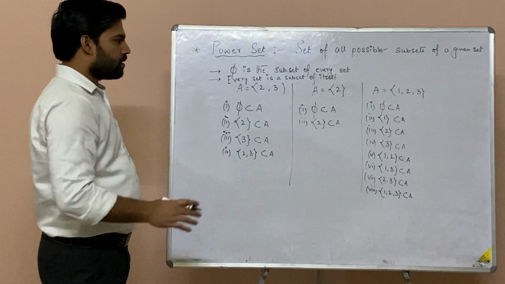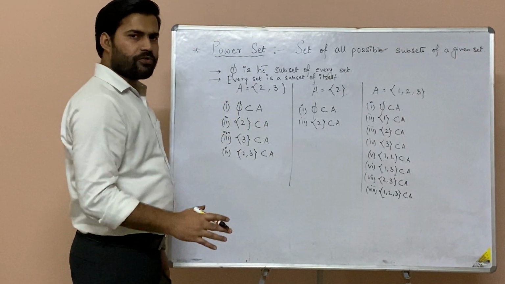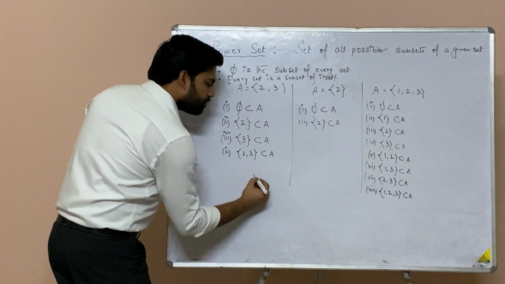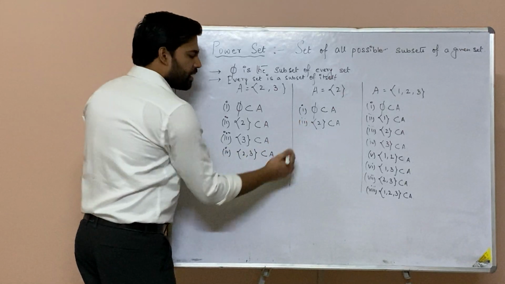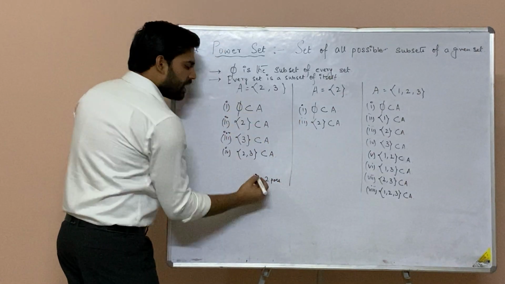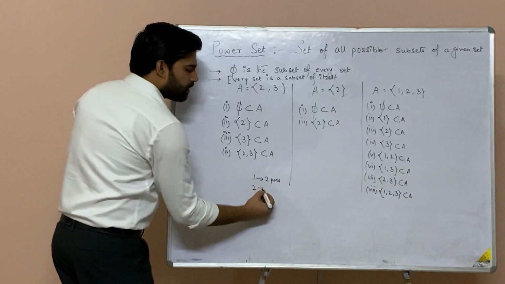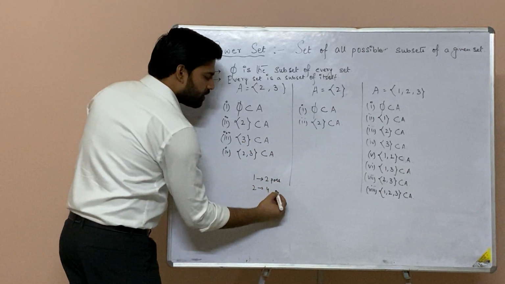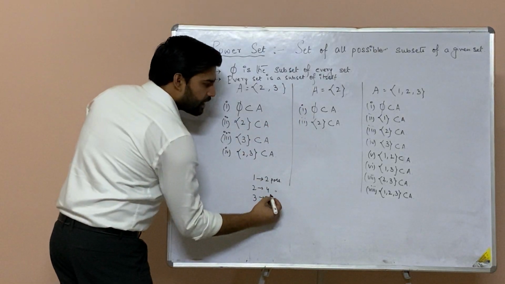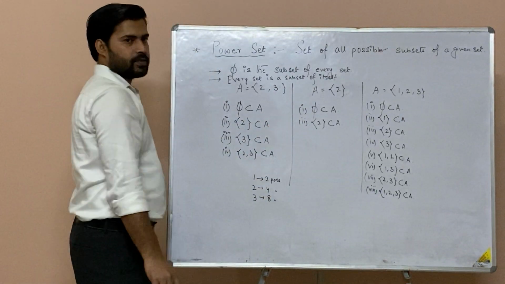So based on this, if I try to deduce a formula out of it: if I am having one element, then I am having 2 possible subsets. If I am having 2 elements, then I am having 4 possible subsets. If I am having 3 elements, then I am having 8 possible subsets.